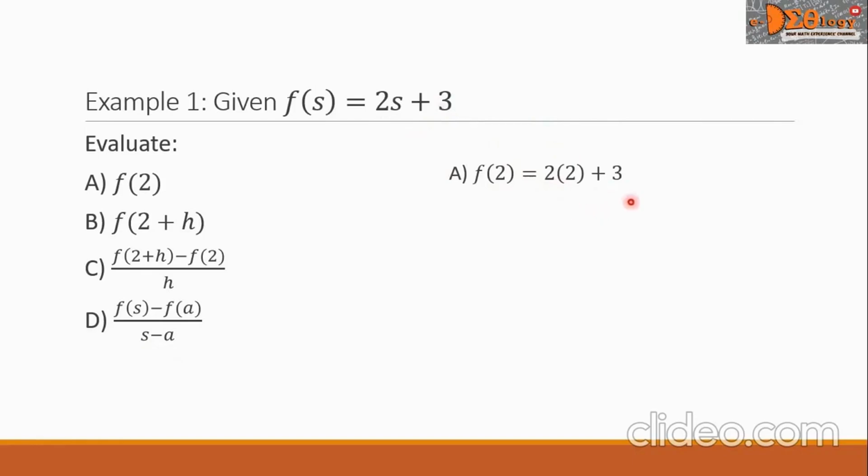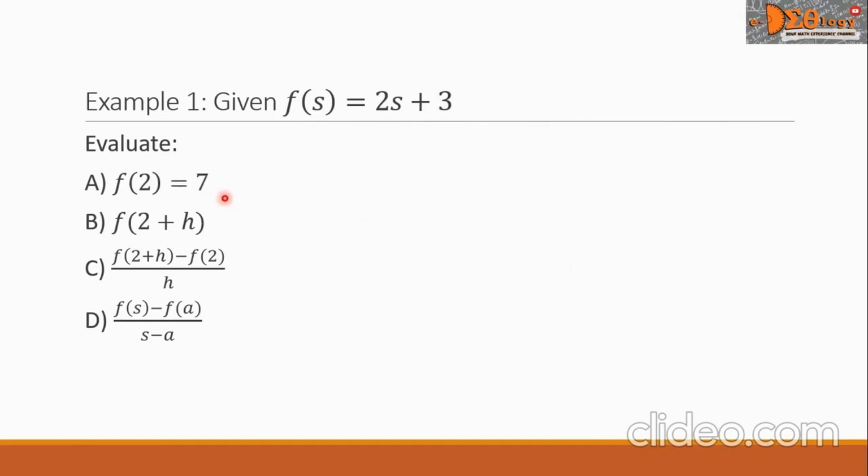Let us simplify further. 2 multiplied by 2 will be 4, plus 3. And 4 plus 3 equals 7. Therefore, f of 2 equals 7. So we will write the answer here.